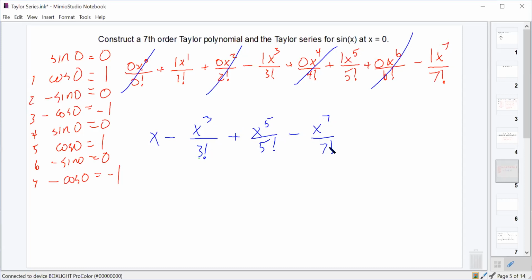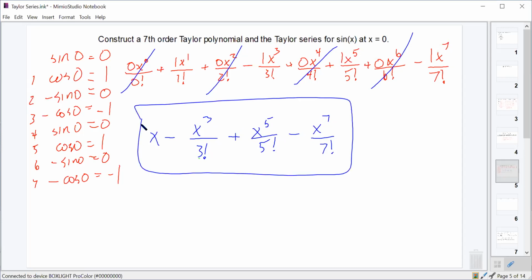All right. What do you think the next term would be if we wanted to continue further than that? Plus x to the 9th over 9 factorial, then a minus x to the 11th over 11 factorial, and so on. Can we come up with a series notation, a summation notation to represent the full Taylor series for sine of x?